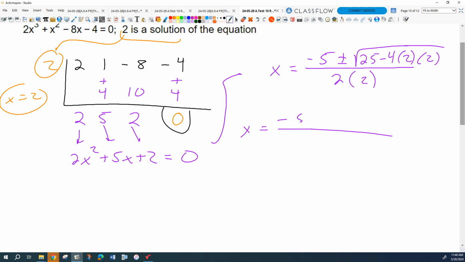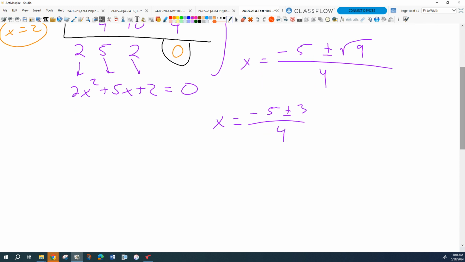So I get -5. Let's look inside here. That's 8 times 2 is 16. 25 minus 16 is what? 9. So I get -5 plus or minus square root of 9, which is what? 3 over 4. Okay, so then x equals -5 plus or minus 3 over 4. So I can simplify those answers, right?